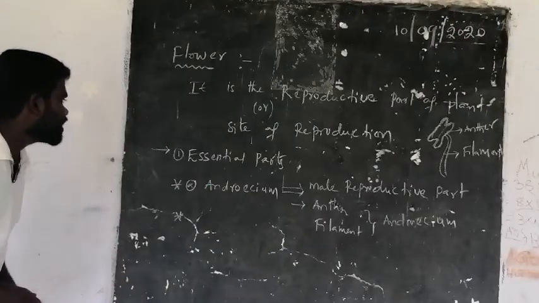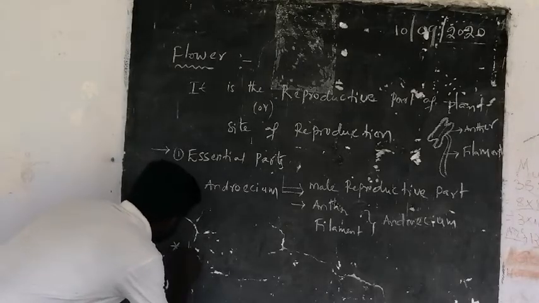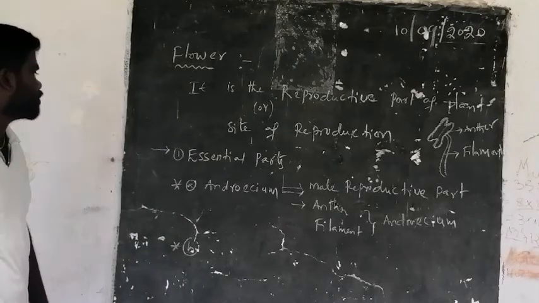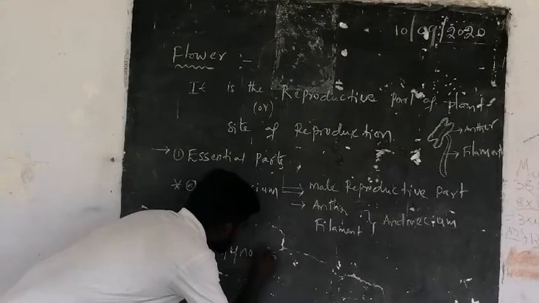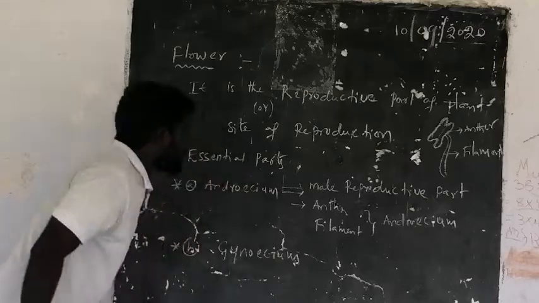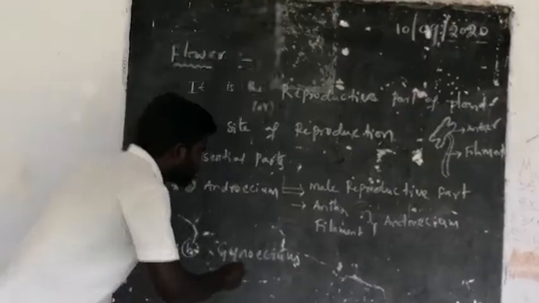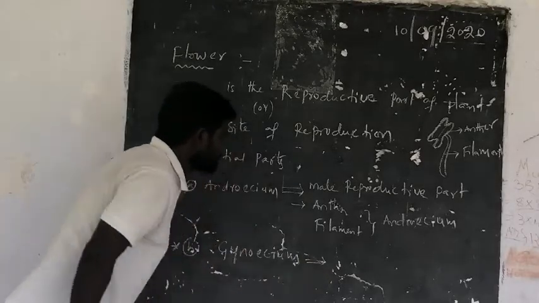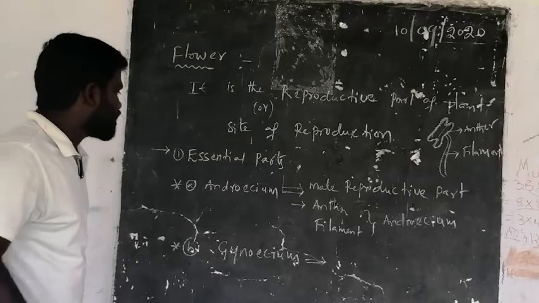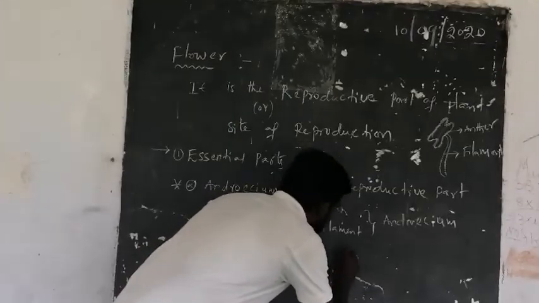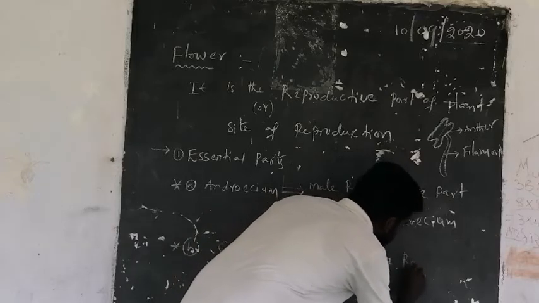Now, one more essential part of the flower, I already told you, is the gynoecium. Now, let us see, the gynoecium is the female reproductive part of the flower.